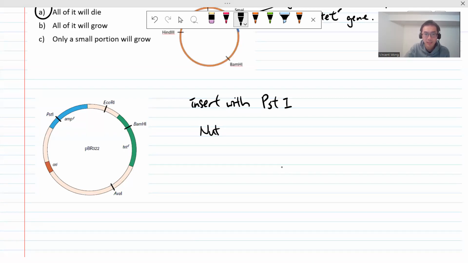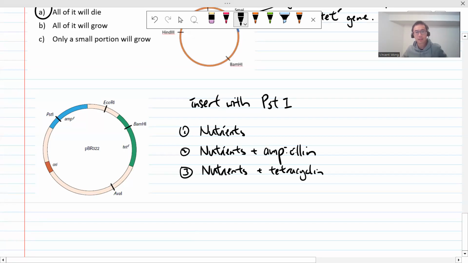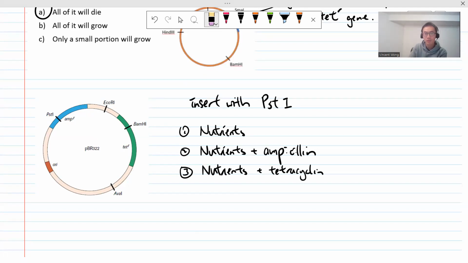Okay, so just nutrients, nutrients plus ampicillin, nutrients plus tetracycline. With nutrients alone: growth, no growth, some growth?